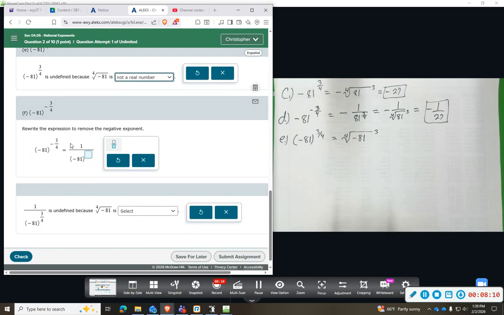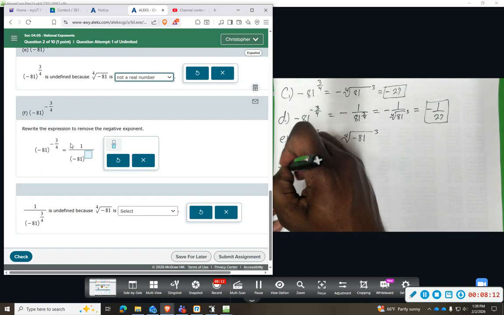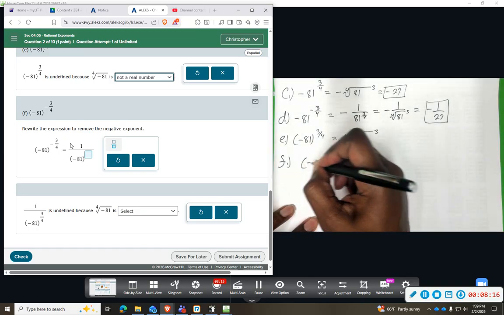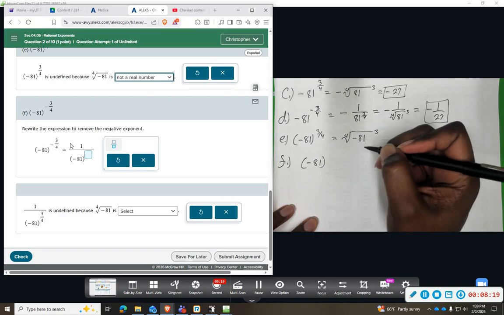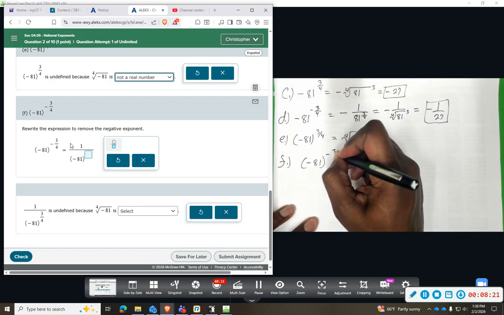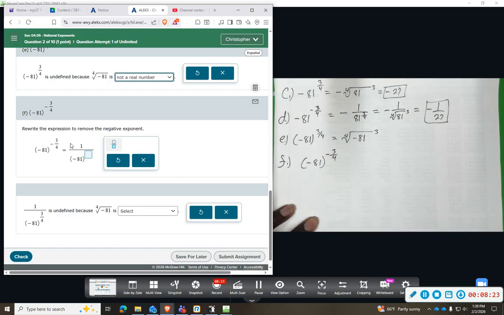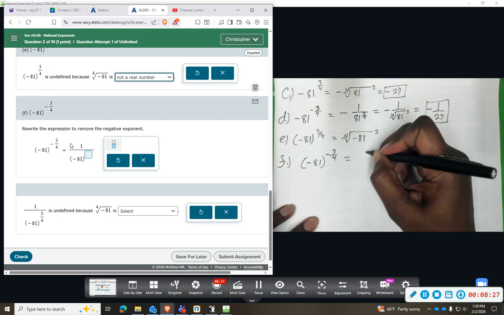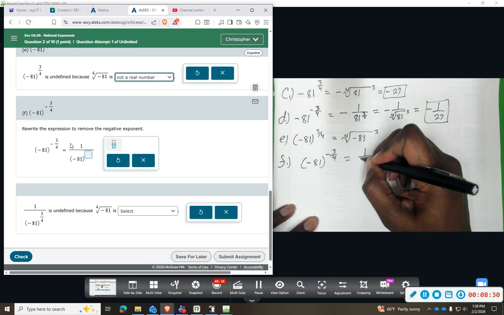And then F, we have in parentheses negative 81, raised to the negative 3/4 power. And so this would be the same. The negative exponent, we can evaluate it and move this to the opposite location.